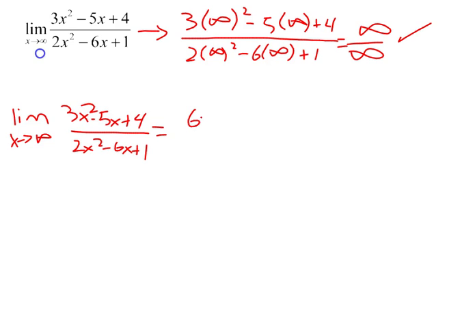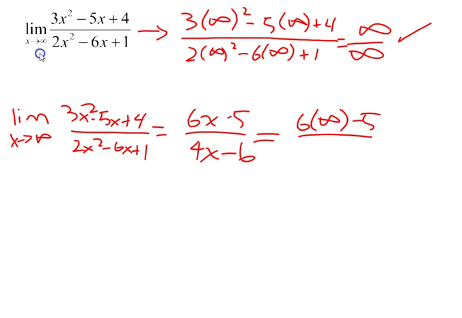Well, wouldn't the derivative just be 6x minus 5 over 4x minus 6? Now, if I plug in an infinity, I would get 6 times infinity minus 5 over 4 times infinity minus 6. Oh, wait a minute. That still gives me that indeterminate form of infinity over infinity. Well, think about it, guys.